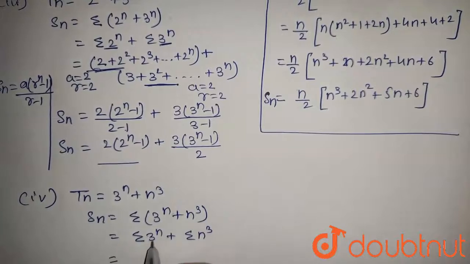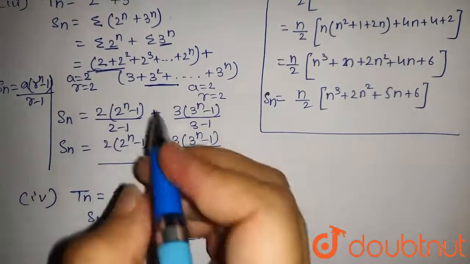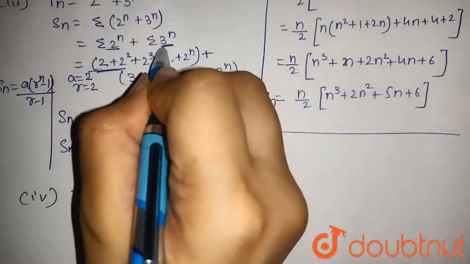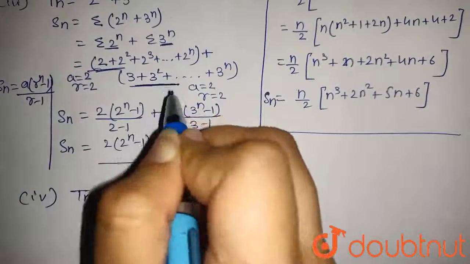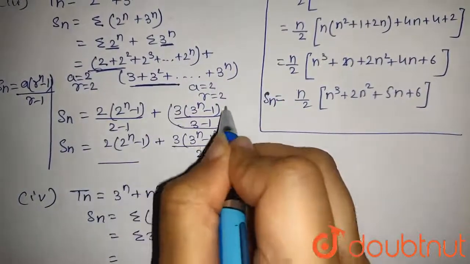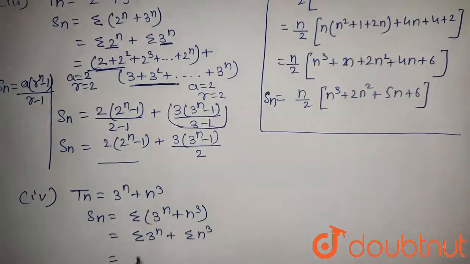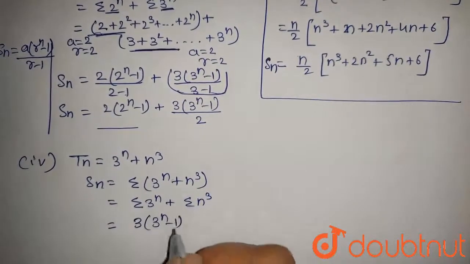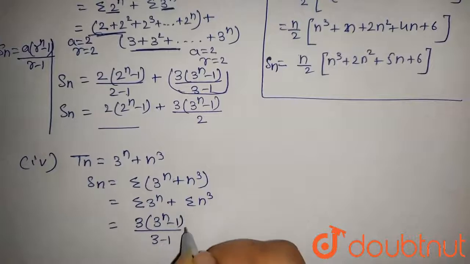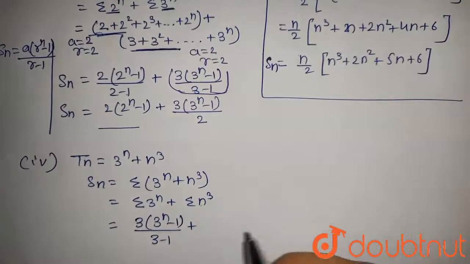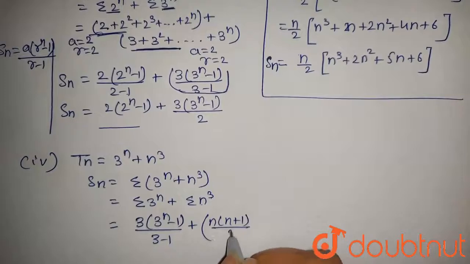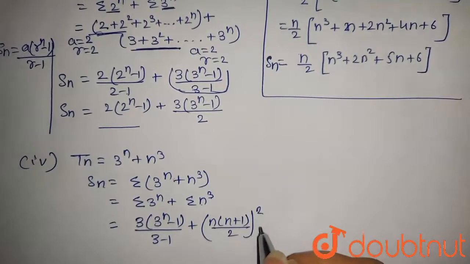Now, similarly, as we have seen above, this summation of 3 to the power n will be this, and this is equals to this part. So we can write it here as 3 into 3 to the power n minus 1 upon 3 minus 1, plus summation of n cube will be n into n plus 1 by 2 to the whole square.